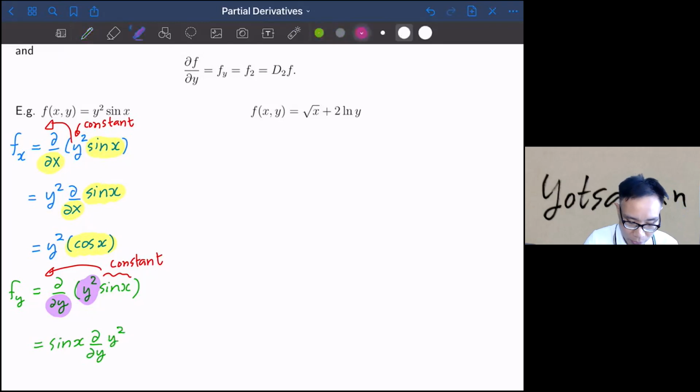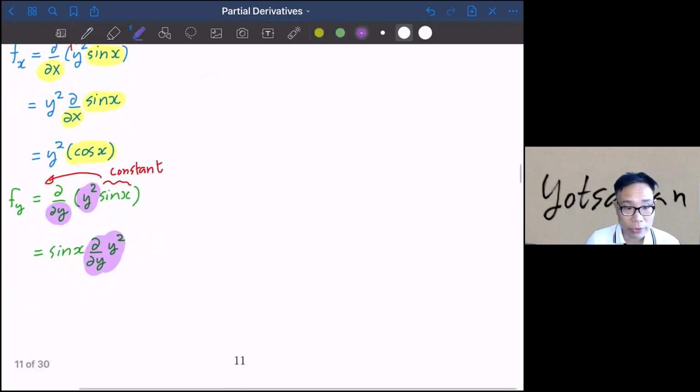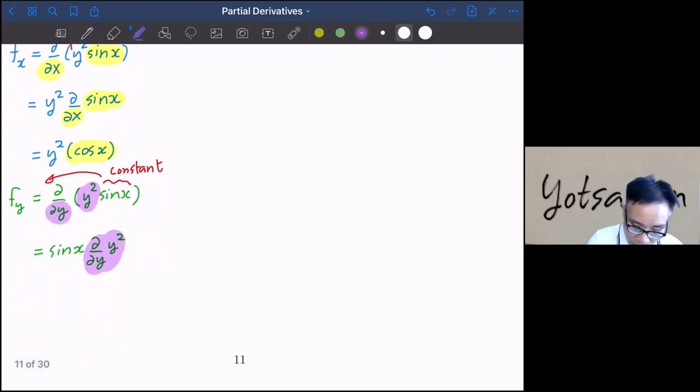This is the purple term. So you have sine x, and the derivative of y squared gives you 2y.